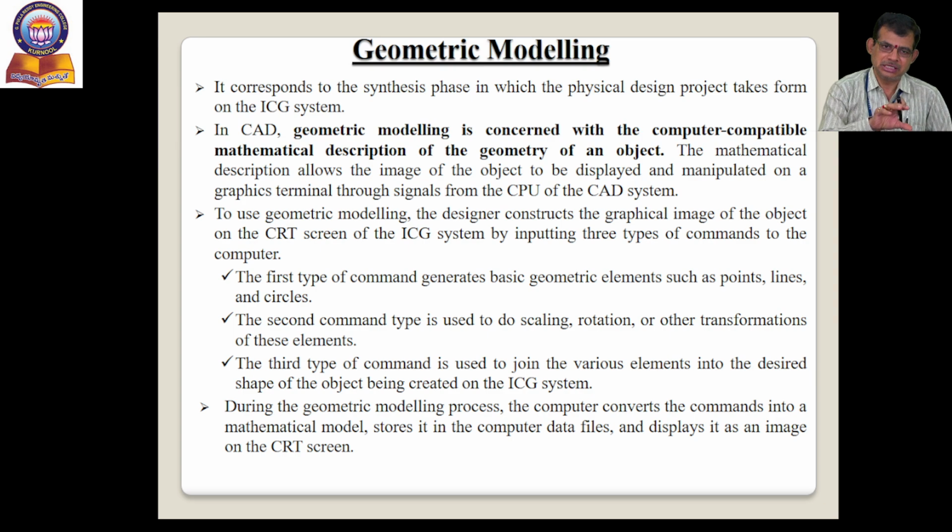Translation: without changing the data of the object, you simply move its location from one place to another on the screen area. Then rotation: by selecting a particular point, you rotate the object to see the other sides. Then scaling, or simply you can call it zooming, increasing or decreasing the size. These are called transformations of the image.